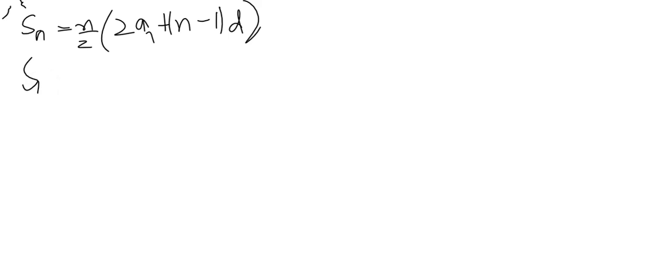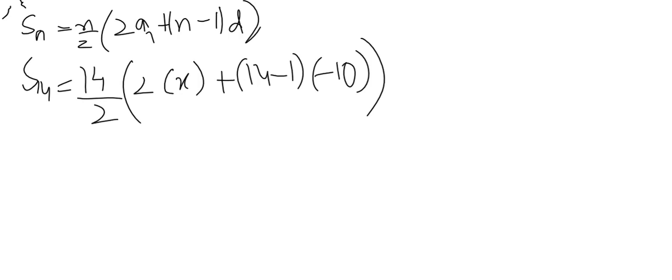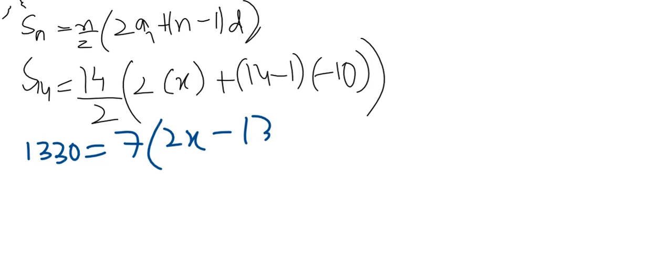Sn is 1330, n is 14, so this is 7 times 2x plus 14 minus 1, 13, into minus 10, minus 130.